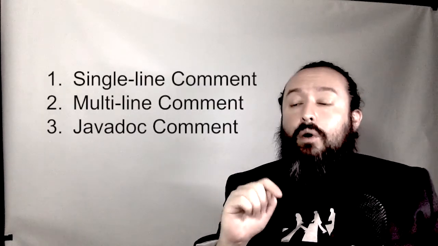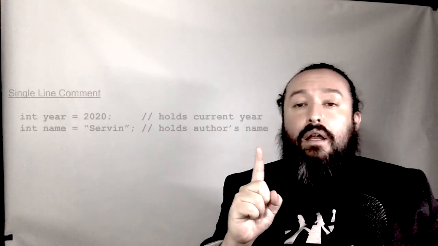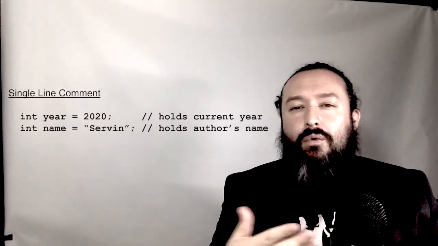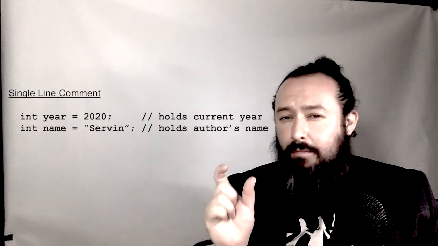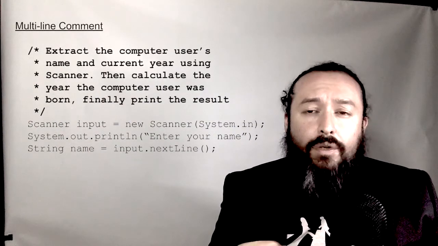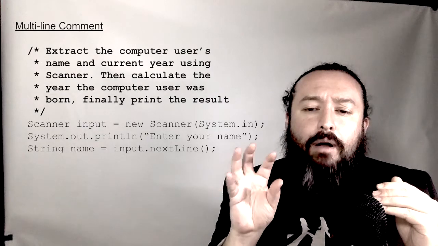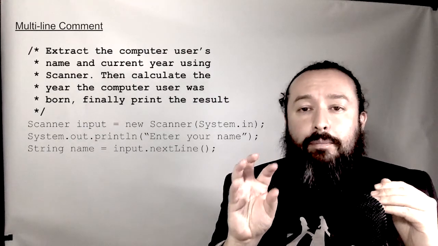So Java supports three types of comments. The single line comment is what we usually use for declaration of variables, just a small description about what that line of code performs. The multi-line comment provides maybe a little bit more elaborate description about what this piece of code performs.